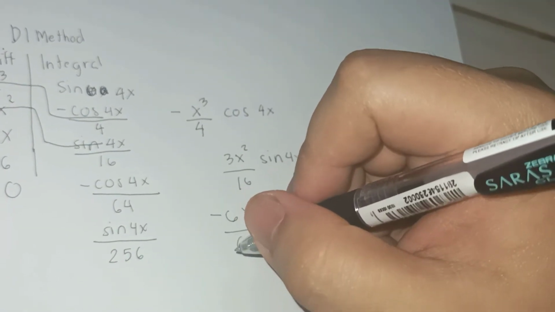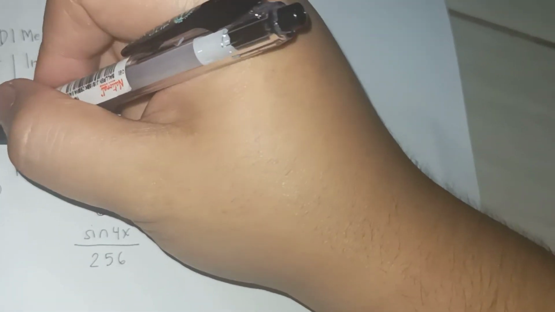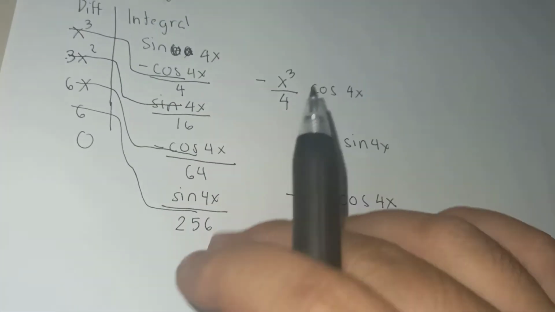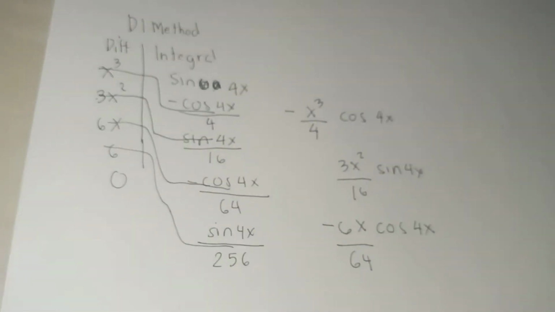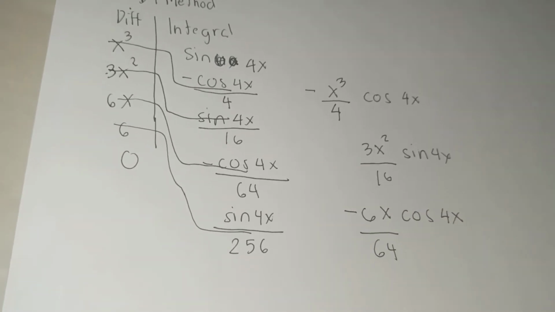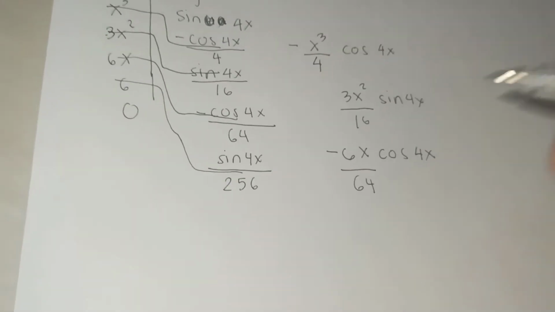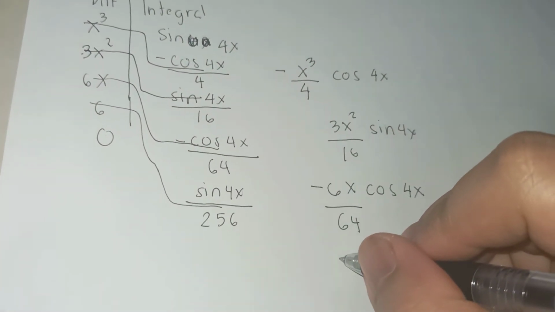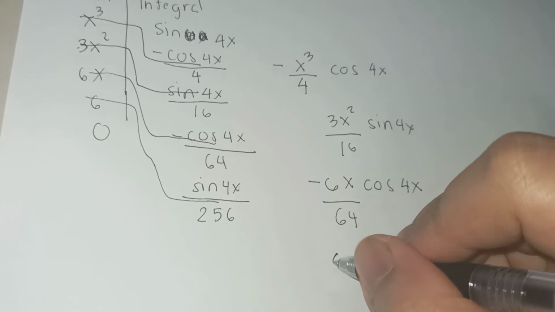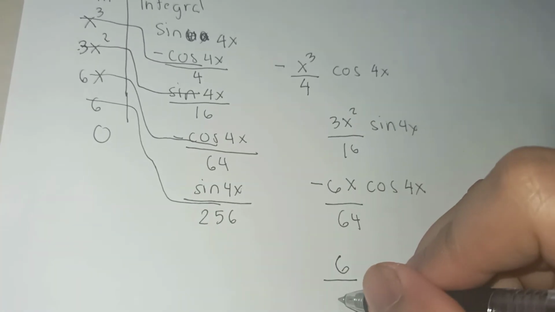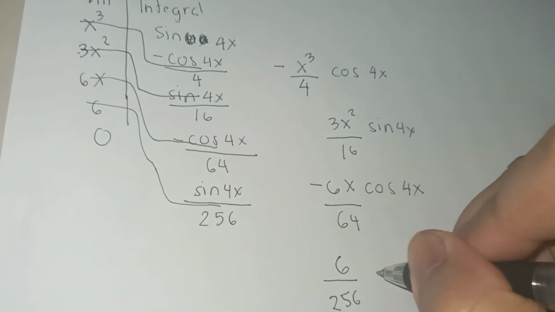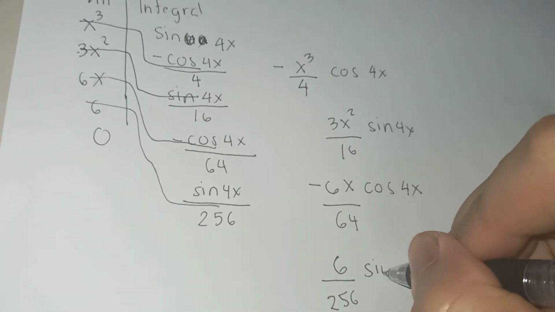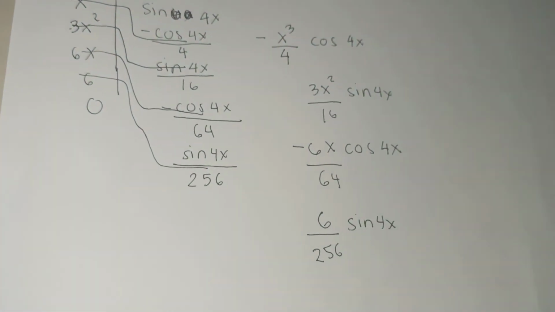And then the last one, to avoid confusion, you don't need to add 0 since it's a constant and there's no value in it in this practice. 6 over 256 times sine 4x. Here we go.